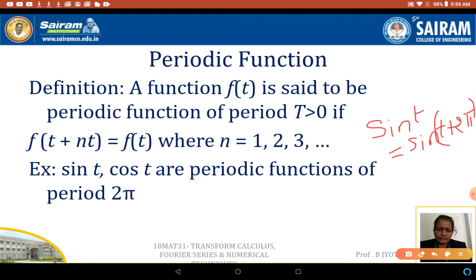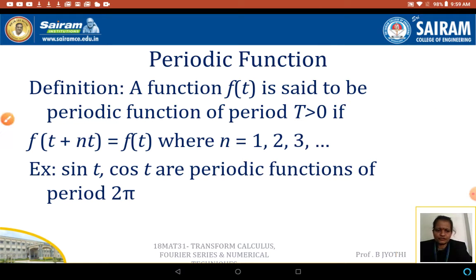After one rotation or two rotations, we get back to the same result. That is why it is a periodic function with a period of 2 pi. These are the two standard examples, sin t and cos t, which have period 2 pi or 2n pi.